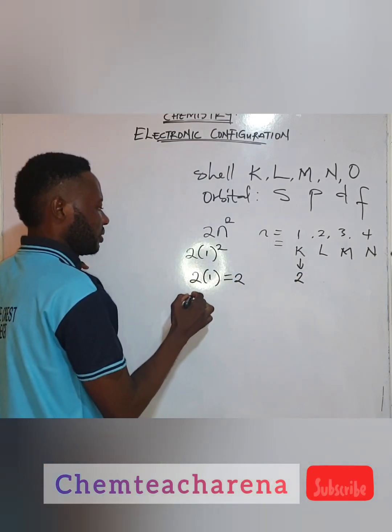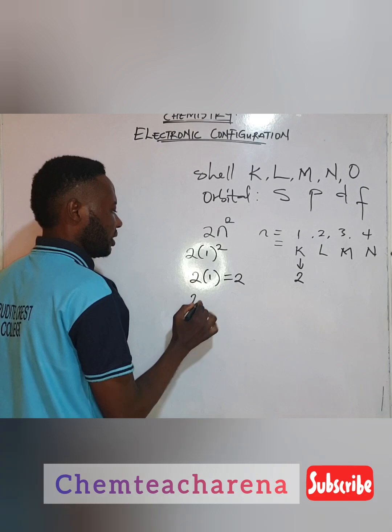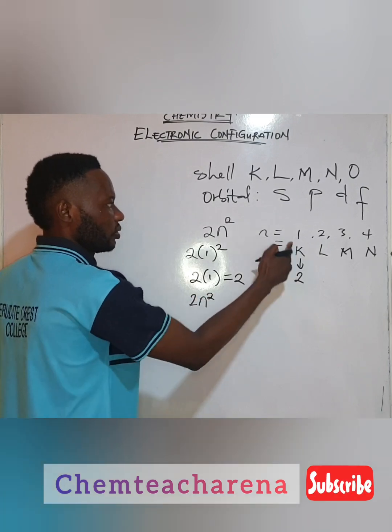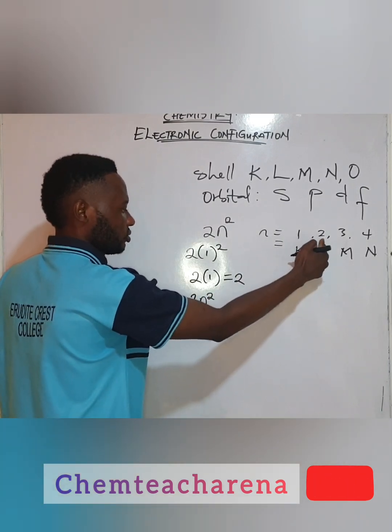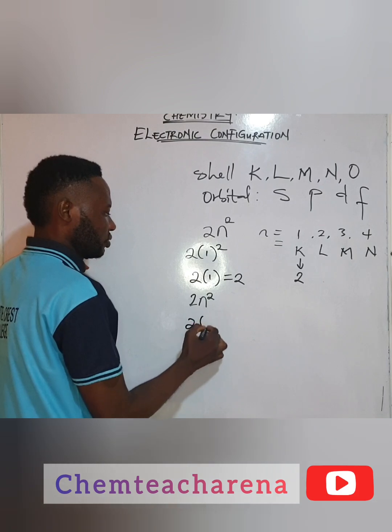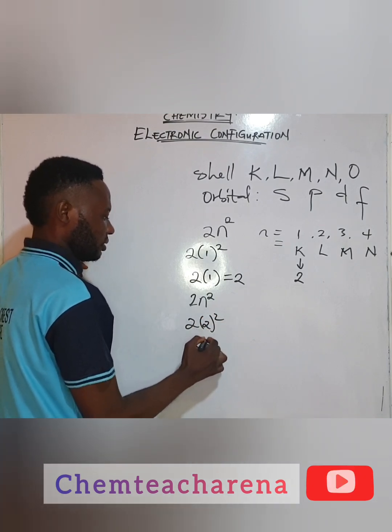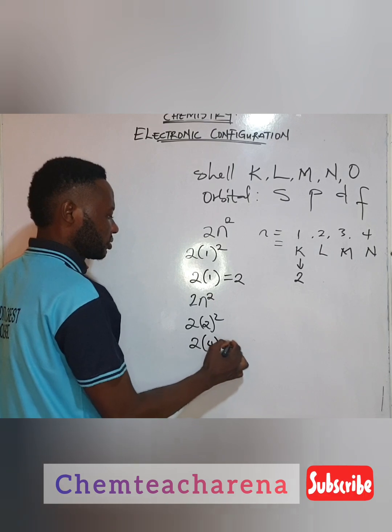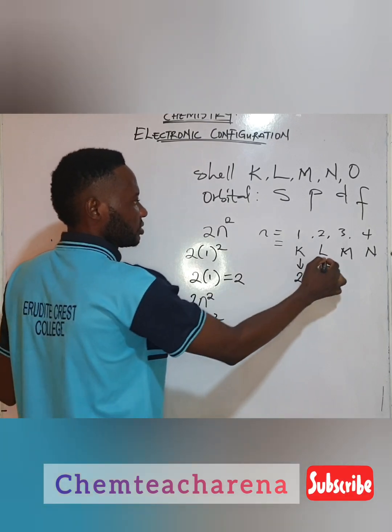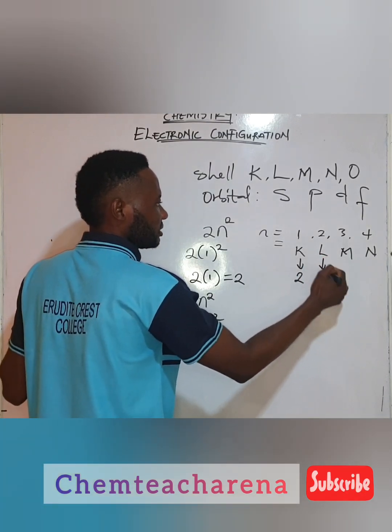Where n is 2, we have 2 times 2 squared. 2 squared is 4, and 2 times 4 is 8. So the maximum is 8.